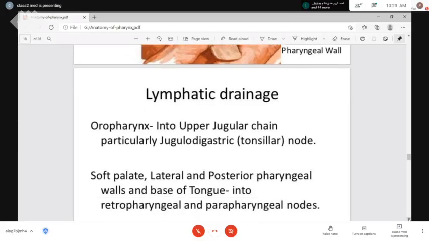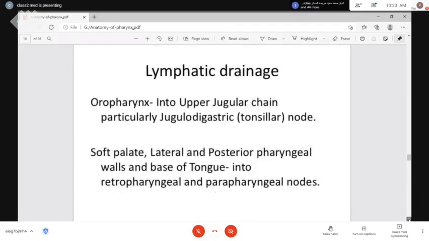The soft palate, lateral and posterior pharyngeal wall, and the base of the tongue drain into retropharyngeal and parapharyngeal lymph nodes.